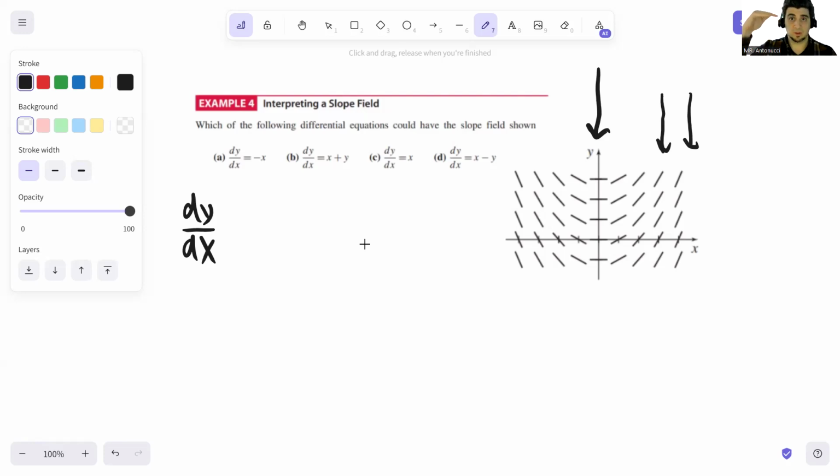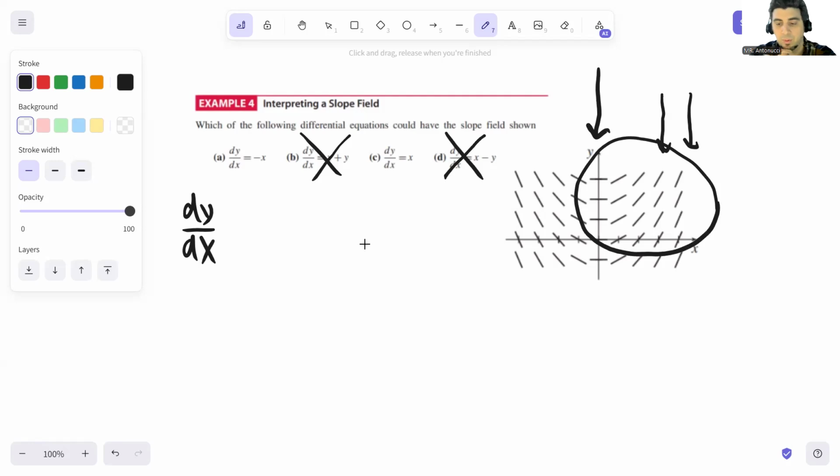So that means as the value of y goes up or the value of y goes down, it's not going to change the slope. Therefore, the slope field does not depend on y. So the differential equation shouldn't have an equation that involves y. So we can eliminate B and D. Okay. Now, if you look in quadrant 1 right here, all of those points have positive slopes.